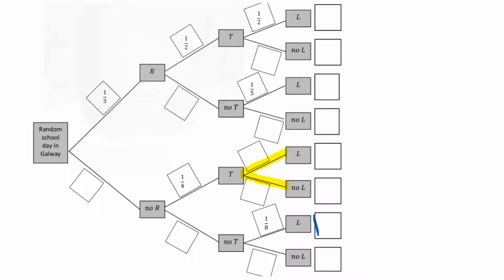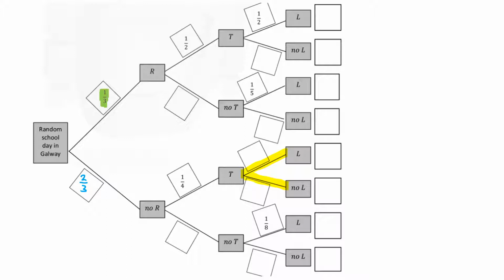So just so you can see where I am, I'll just highlight these bits in green. So there's a third, which means that on the other side, that's going to have to be 2/3.